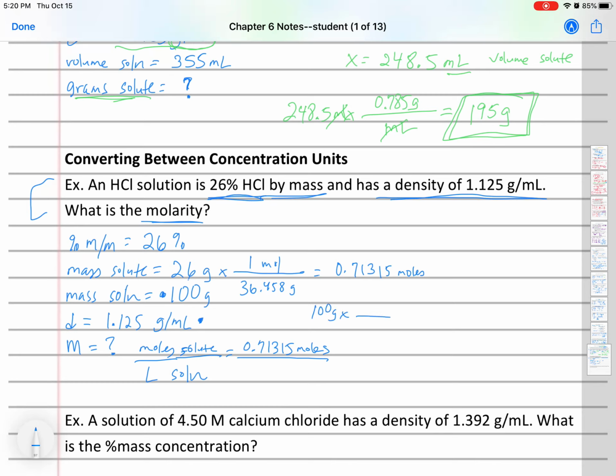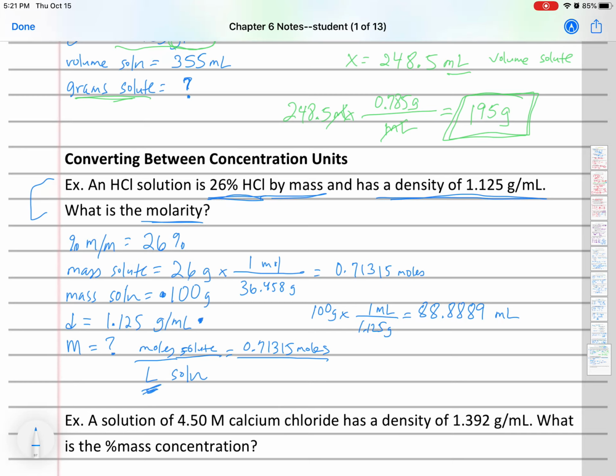So I can say that 100 grams divided by 1.125 grams per milliliter equals a volume of 88.8888 milliliters.